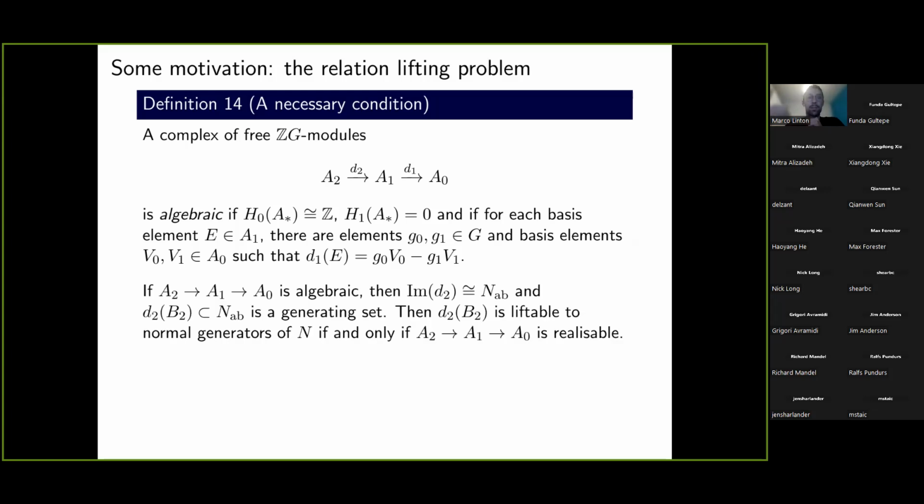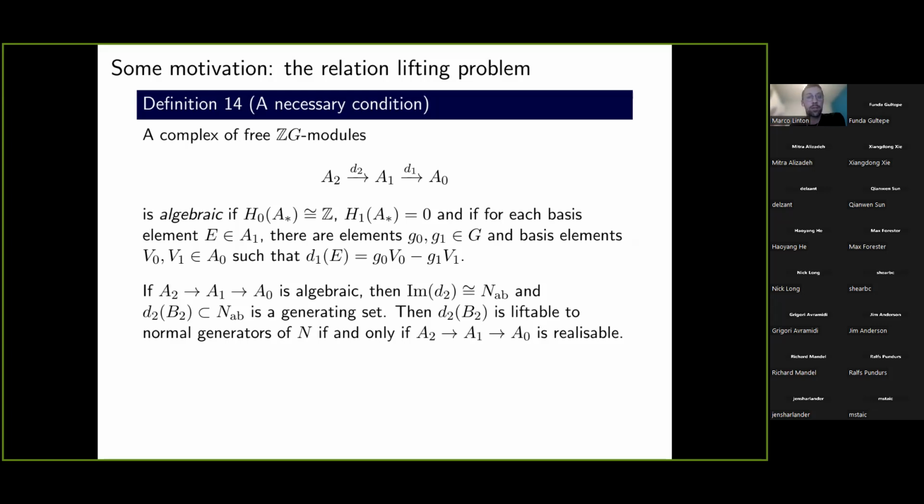Sorry, I skipped ahead a little bit. If you have some algebraic complex of ZG modules, then the image of this D2 map is actually the relation module of your group presentation, where the relation module N, which I haven't said what it is in this case, you can construct just from the conditions of this chain complex being algebraic.